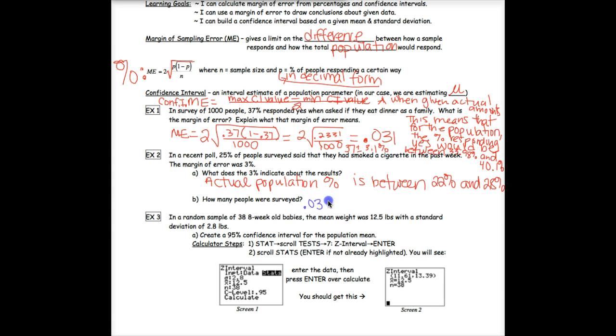So I put that on the left side, equals 2 times the square root of 0.25, because it was 25%, times 1 minus 0.25, which if you know that that's 0.75, you can certainly put that instead, over N.